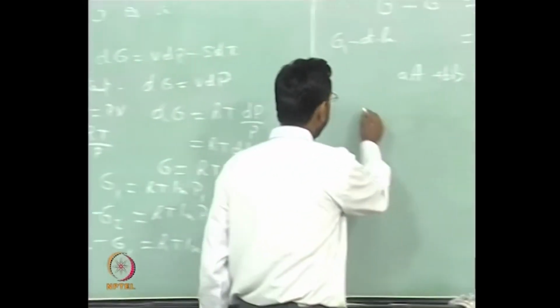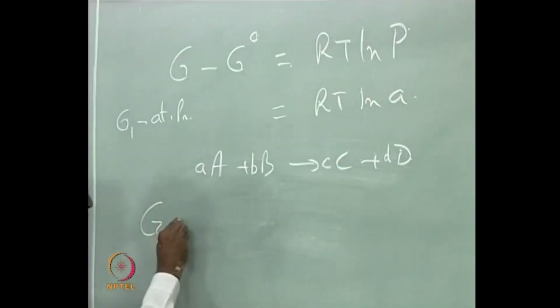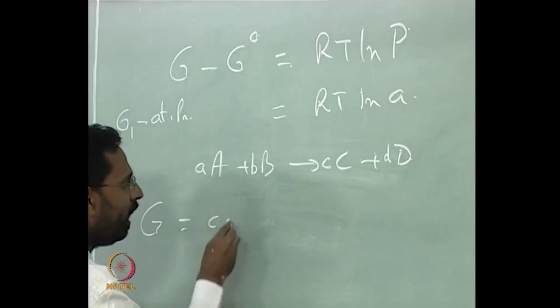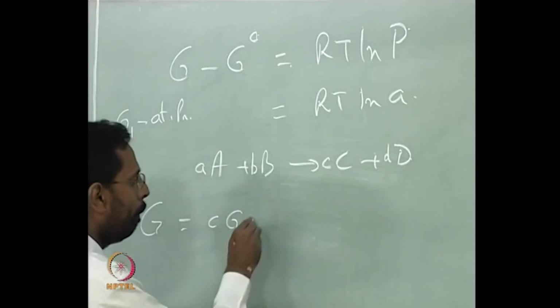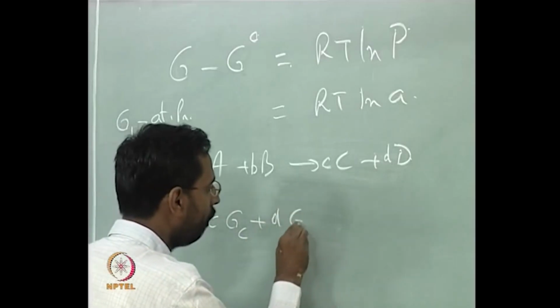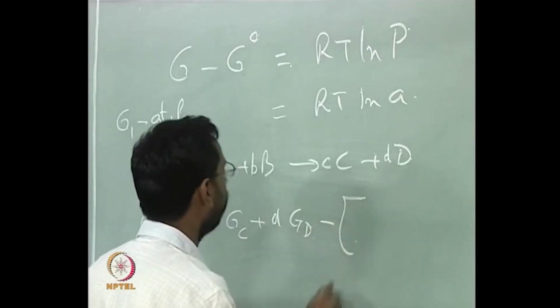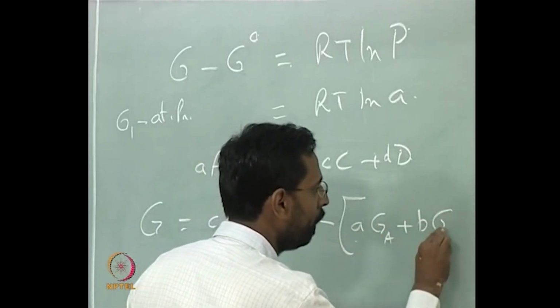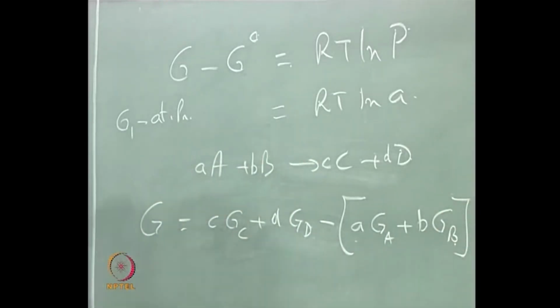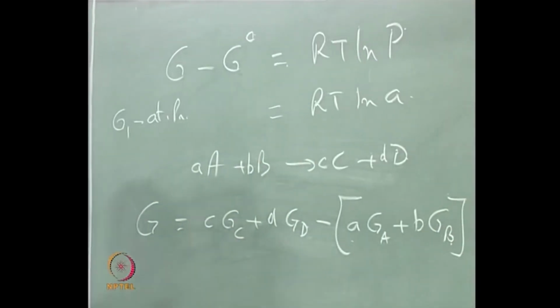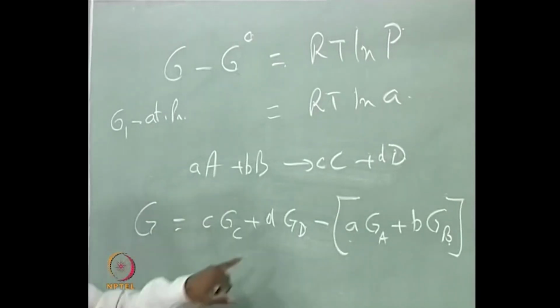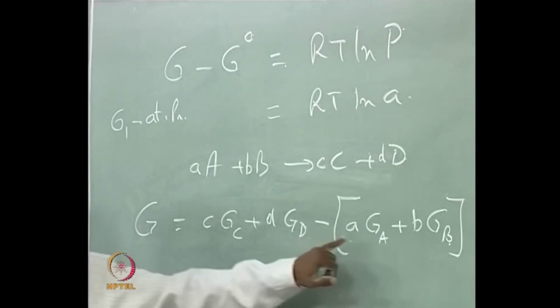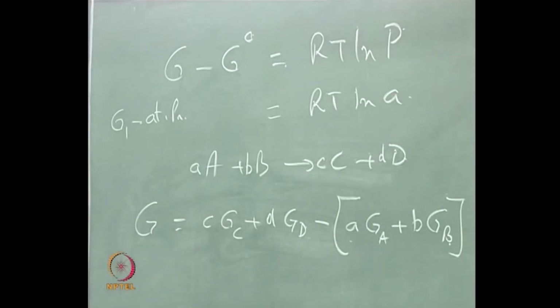So I can say the G of the reaction is nothing but C into G of C plus D into G of D minus A into G of A plus B into G of B. These are the reactants, these are the products. This is the free energy of C plus the free energy of D minus the free energy of A and B.